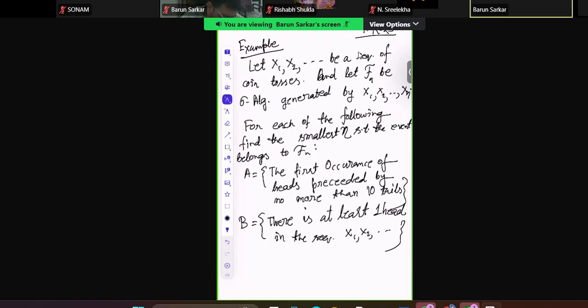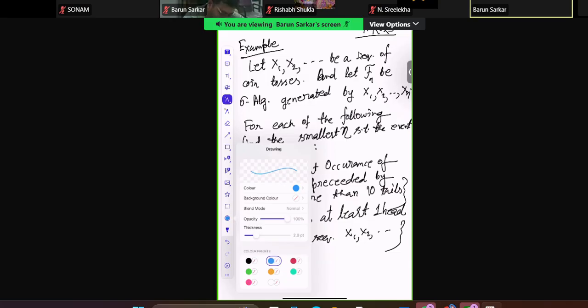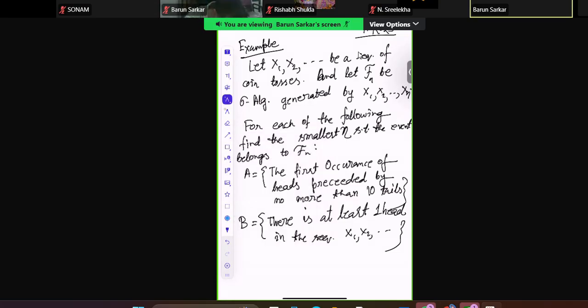So how to see this? The first one is the first occurrence of head preceded by no more than 10 tails. That means you have 10 tails and then one head.